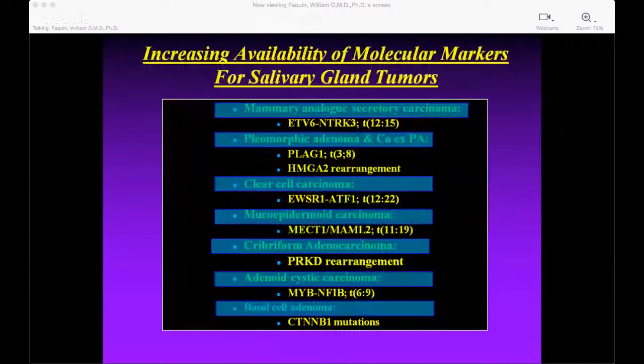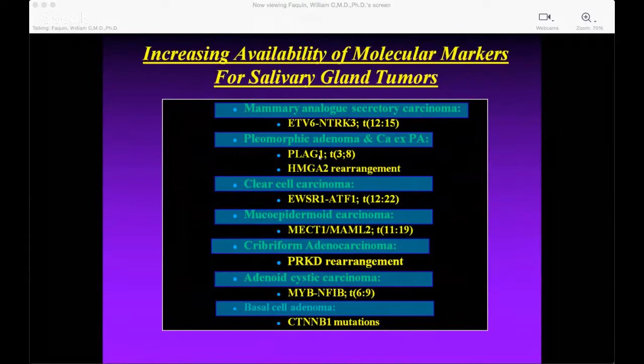So, with regard to molecular markers and salivary gland tumors, we've actually come a long way in the last 5 to 10 years. We now have 7 different tumors in the salivary gland that are associated with either a mutation or a gene rearrangement.